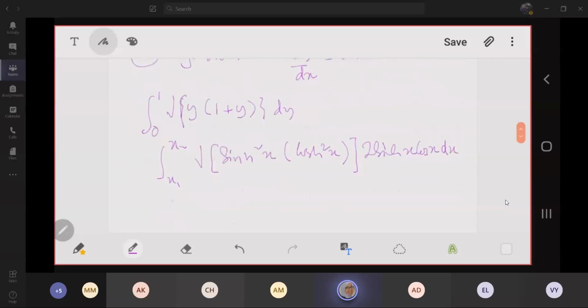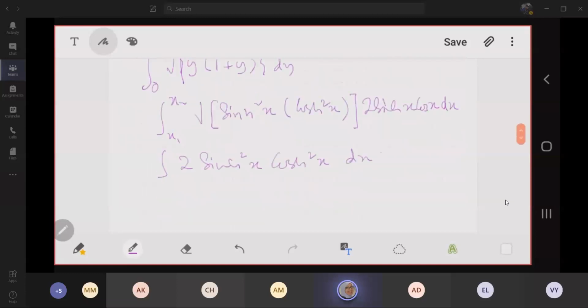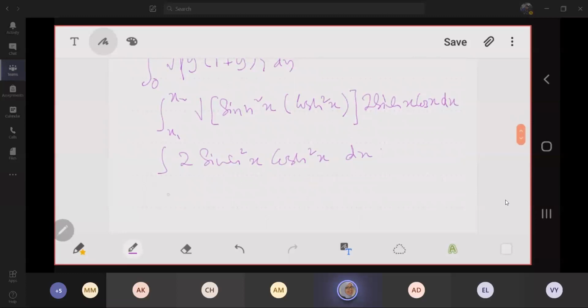Okay, and then you change that. Then you take the square root, so you get 2 sine squared x cos squared x dx.